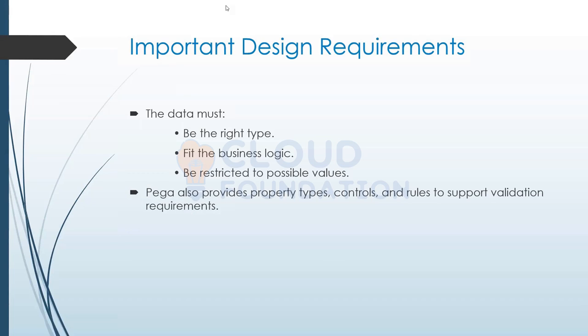Make sure your data fits the business logic. Never request data that is not in the context of your application. Let it only fit the business logic. Do not gather unnecessary information which is not used in your application. Better not to request it from the user.